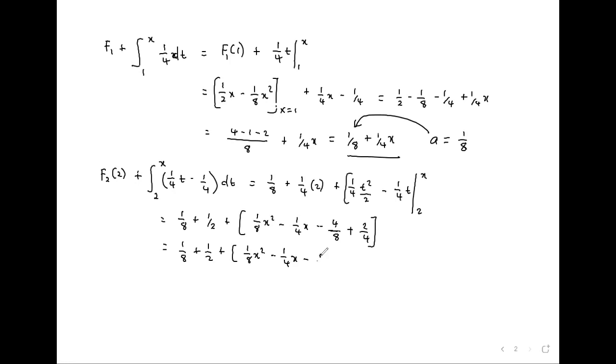To simplify here, we have 1 over 2 minus 1 over 2. This is just 0. So we add the 8 down, that is 1 plus 4, plus 1 over 8x squared minus 1 over 4x, which is equal to 5 over 8 plus 1 over 8x squared minus 1 over 4x.